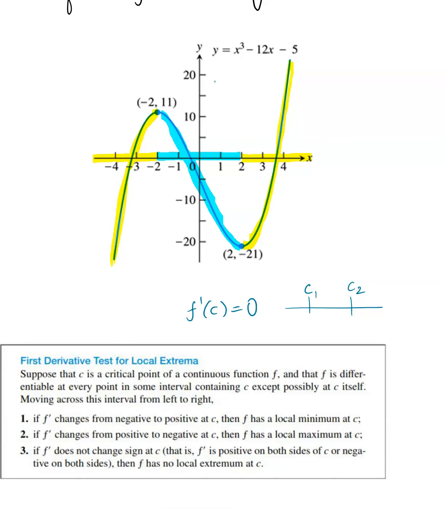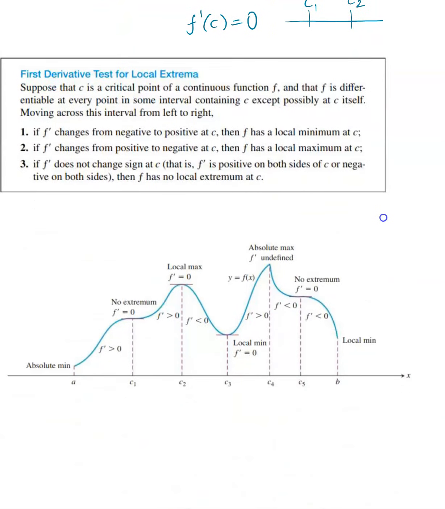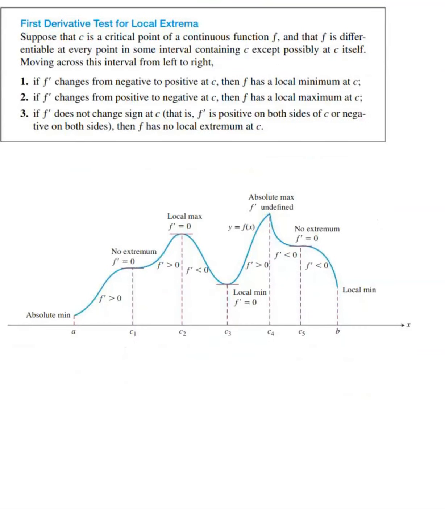To illustrate this, I have the following graph. We've seen a similar graph when we were talking about absolute maximum and absolute minimum. So let's take a look at this. Okay, so now we have these as the endpoints. Among all these points, this is the lowest, so that's the absolute minimum.